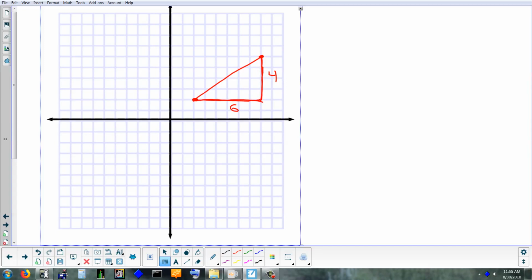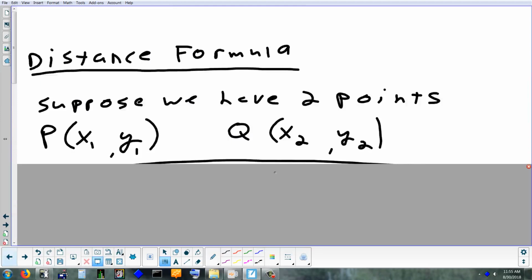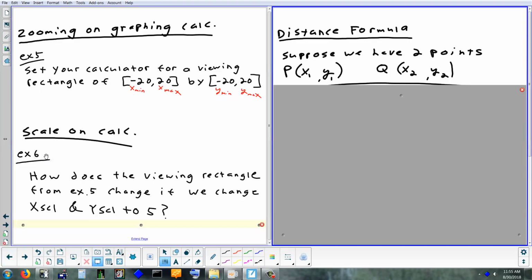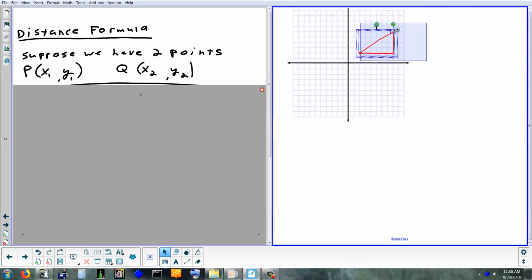I can use Pythagorean theorem. Okay, so that's basically the distance formula. So if you have your coordinates x1, y1, and x2, y2, let's label mine that way. Let's just take this, just move it down there.